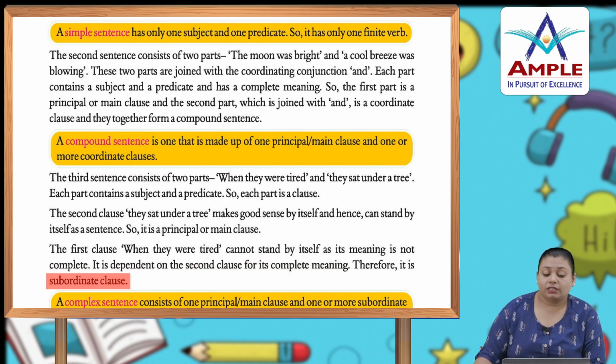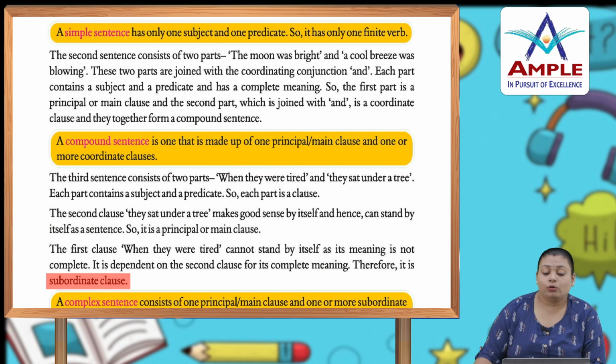It means the sentence starts like, when they were tired, and they sat under a tree. They sat under a tree is giving you a full proper sense, but when they were tired is not a complete sentence. That is why this is called a subordinate clause, and they sat under a tree is called the main or principal clause.